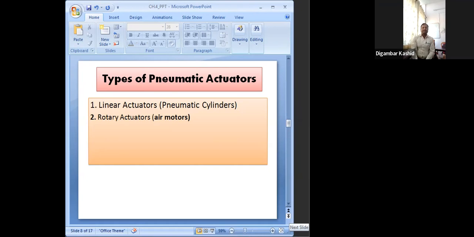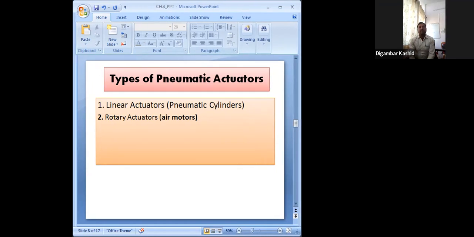First is the linear actuator. It is also called a pneumatic cylinder. This category was present in the hydraulic section too, where it was called a hydraulic cylinder. Here in pneumatics, it is called a linear actuator, pneumatic cylinder, or air cylinder.